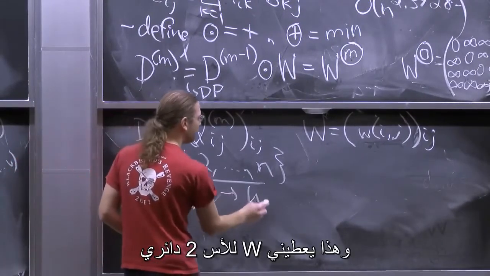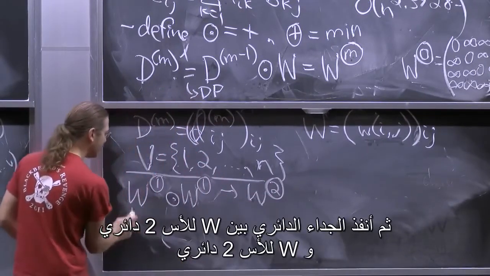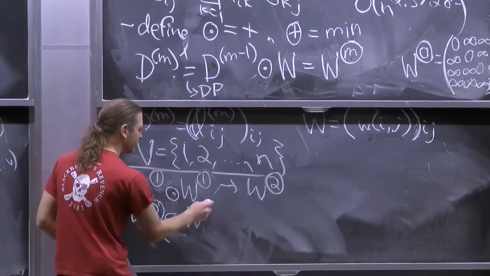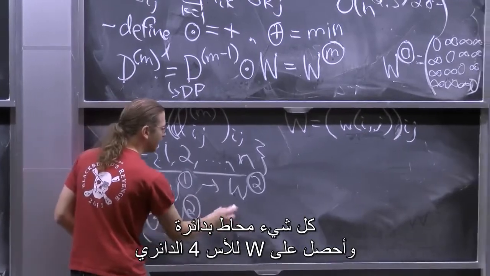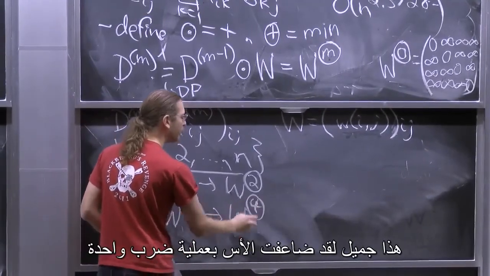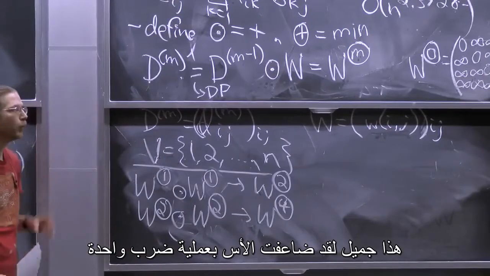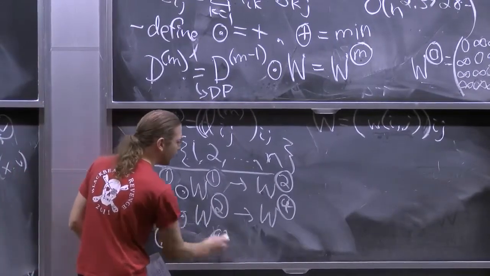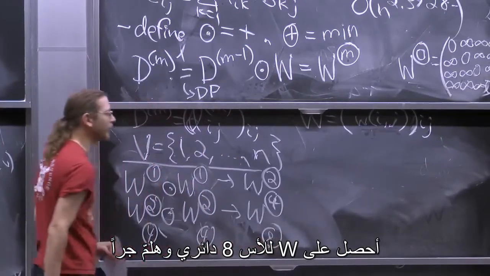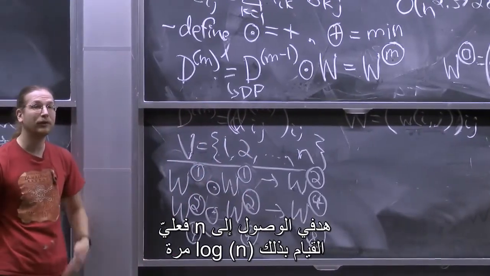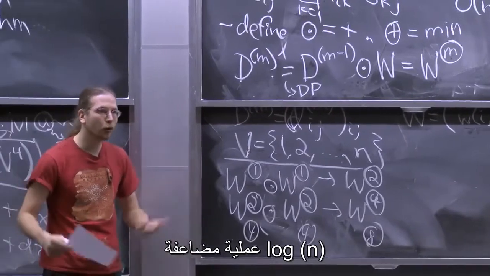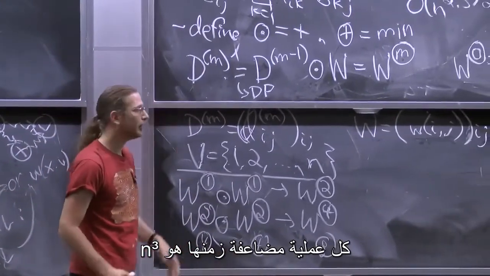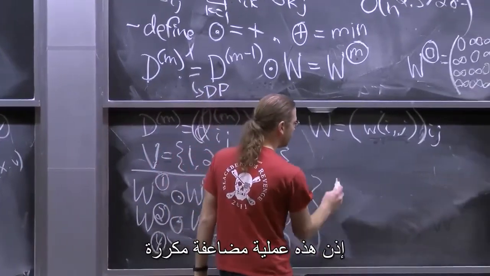That gives me W to the 2. And then I take W to the 2 times W to the 2, everything circled, and I get W to the 4. Oh, cool. I doubled my exponent with one multiplication. If I take W to the 4 by W to the 4, I get W to the 8, and so on. My goal is to get to n, so I have to do this log n times, log n squaring operations. Each squaring operation is an n cubed thing. So this is repeated squaring.